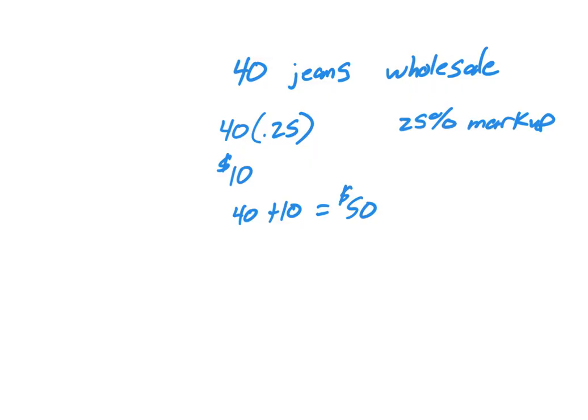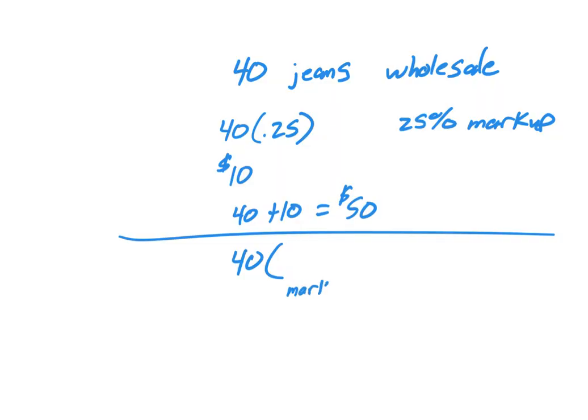So that's kind of the long way to get there. There's a much easier way. If I go back to the $40 here, 100%, if I paid 100% of the price, that would be $40.